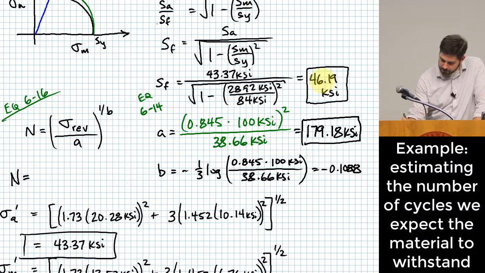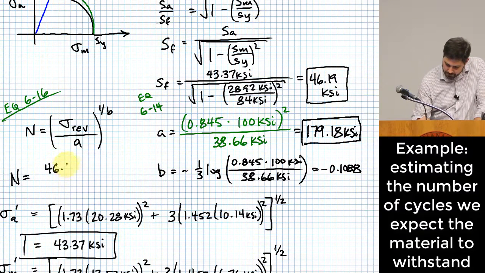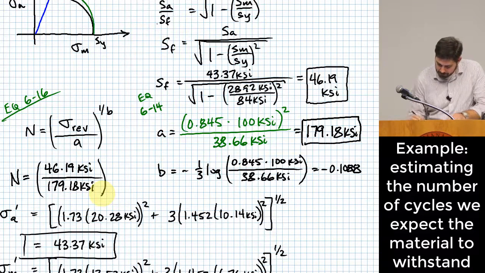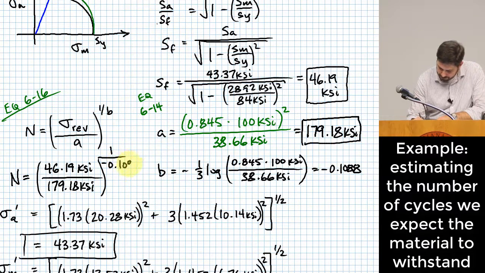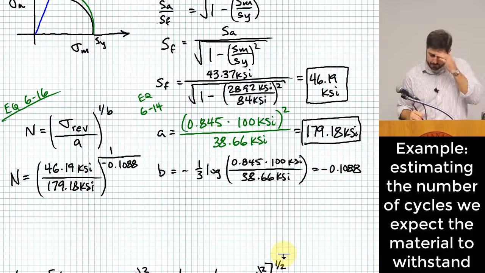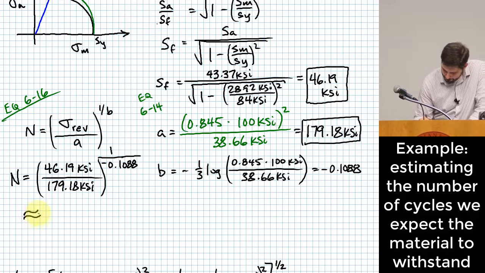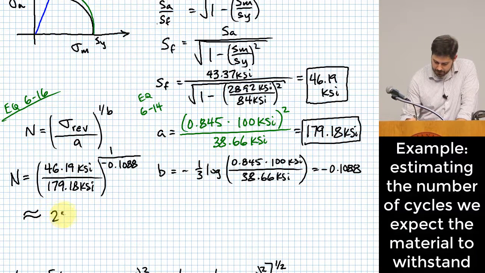N is going to be equal to 46.19 KSI over A, which is 179.18 KSI, all of this raised to the 1 over negative 0.1088. Which is around 258,000 cycles.